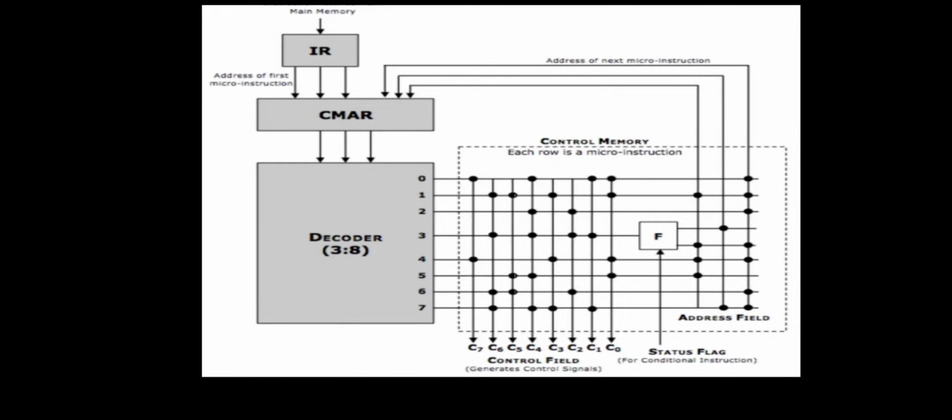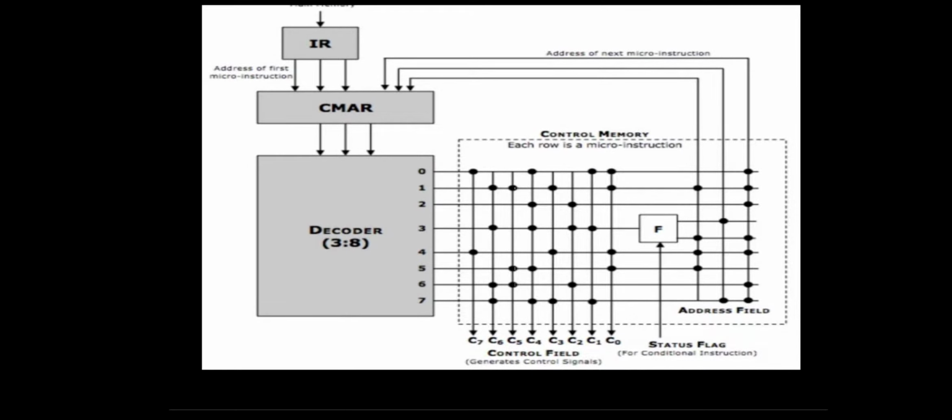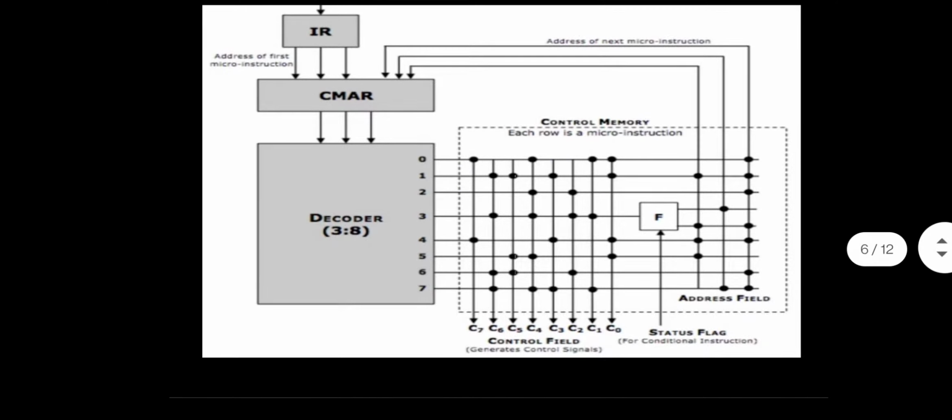See here, the lines we see look like a wired connection, but basically each is a microinstruction. Each and every line we see here is a microinstruction, and the dots we see identify the binary operation, that is, they are all binary numbers. The dot we see is 1, and wherever the dot is absent, it is 0.